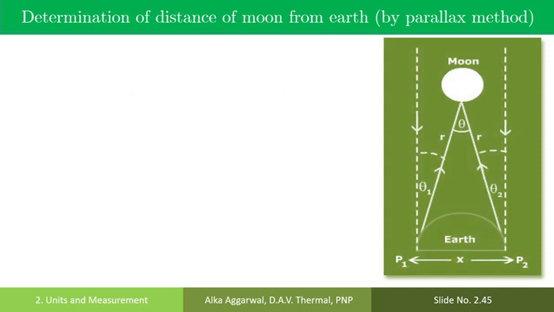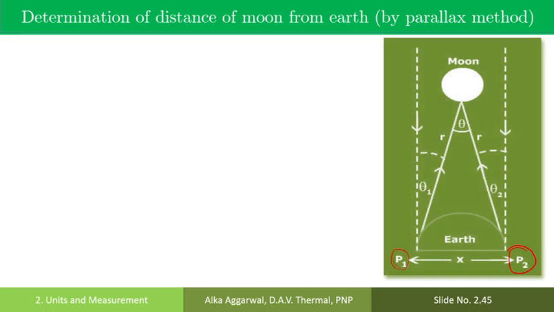Let us see how we use it to find the distance of moon from earth. Choose two distant points on the surface of earth as bases. Let these points be P1 and P2. For observation, choose a distant star.